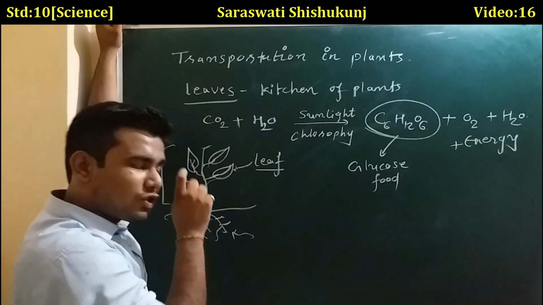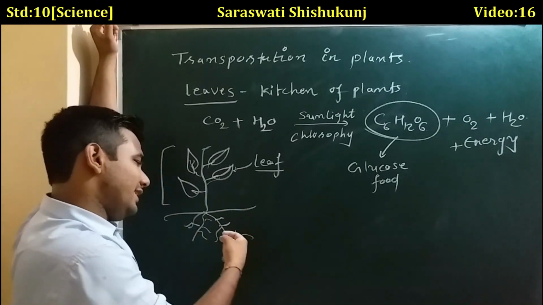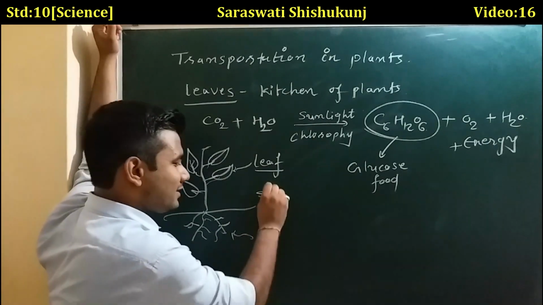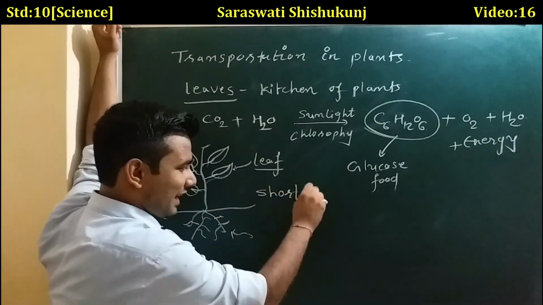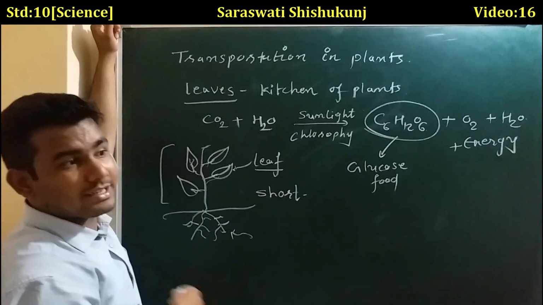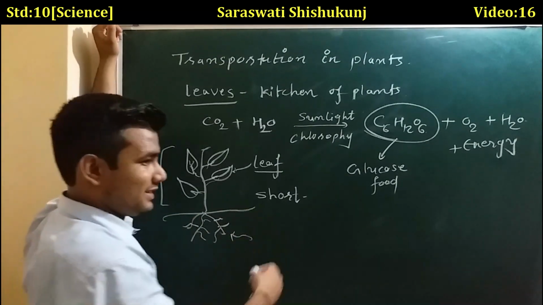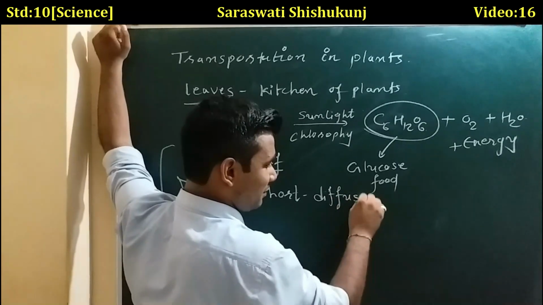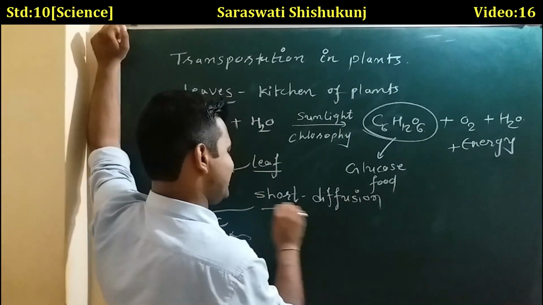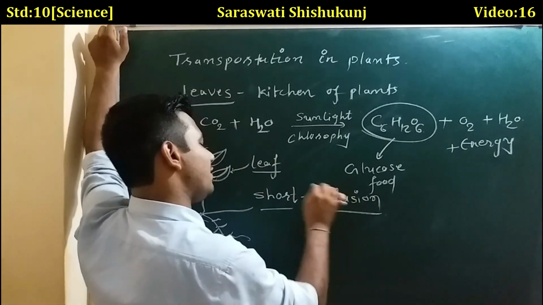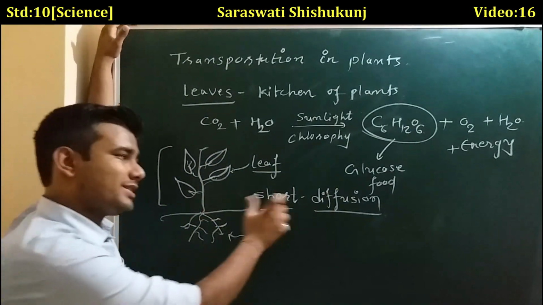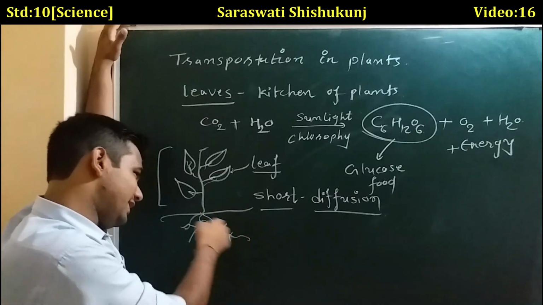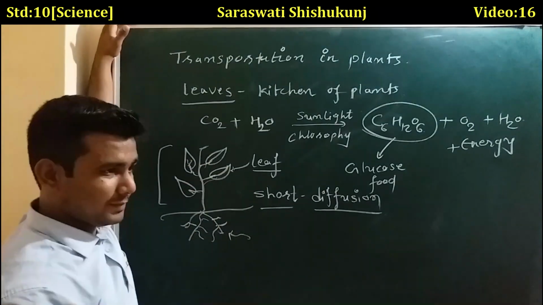In that case we will not require any system. In short plants, the transportation of water and different nutrients is done by the process of diffusion, but it happens only in short plants. By diffusion, water or nutrients will transfer to each and every part.